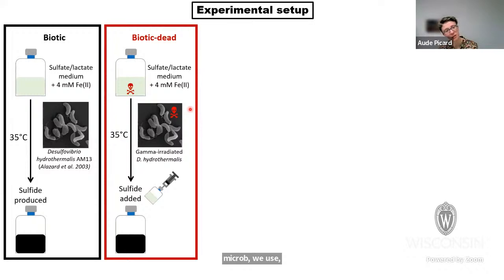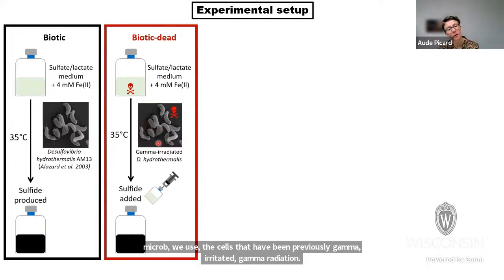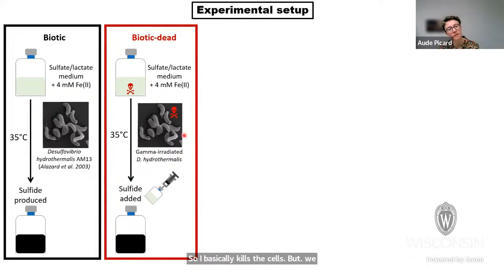That basically kills the cells, but we still have the availability of the cell surface, and I will show you in the next slide why this is important. So the cells are not active anymore. And then we can check that first. We add the cells to the medium with iron, but they do not produce sulfide. So we have to add sulfide to the system eventually to have iron sulfide mineral precipitation.